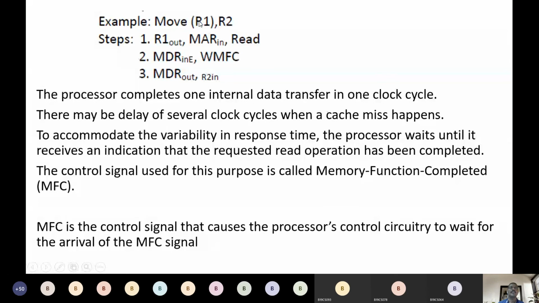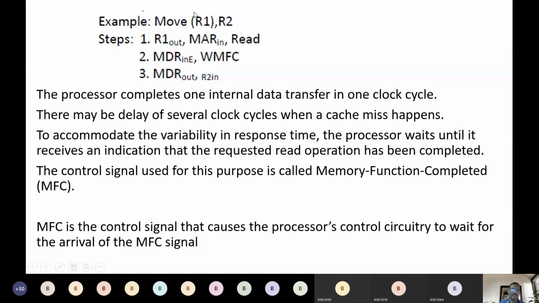So what is indirect register mode? R1 contains an address, not a direct value. When we refer to that address in the main memory, we get the actual value. If you remember, R1 in brackets is indirect register mode.